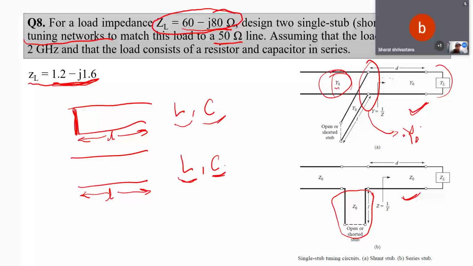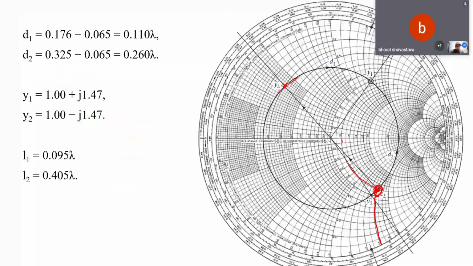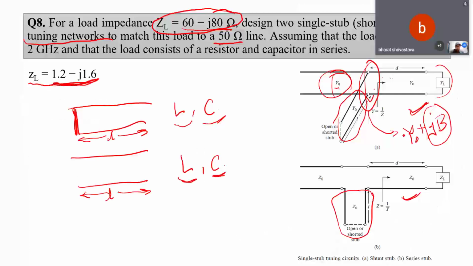And some reactance part is also there, that we will nullify by using this stub tuner. So we can move towards the generator, and wherever this constant SWR circle cuts the unit resistance circle, this represents our junction point.